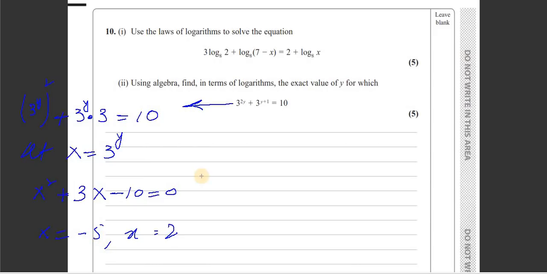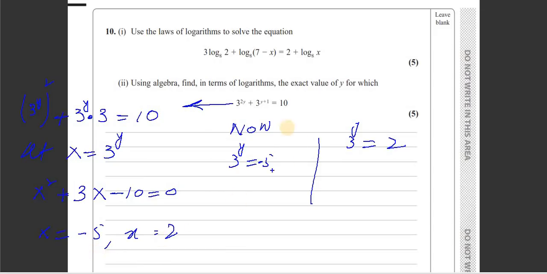So now you say that x is equal to 3 to the power y, so 3 to the power y is equal to minus 5 and 3 to the power y is equal to 2.